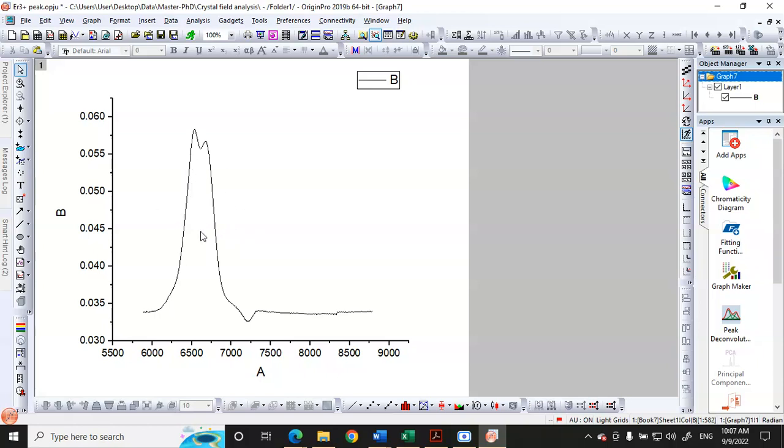Absorption, this is not emission, this is absorption. So let's try. How can we find the start splitting of this one?